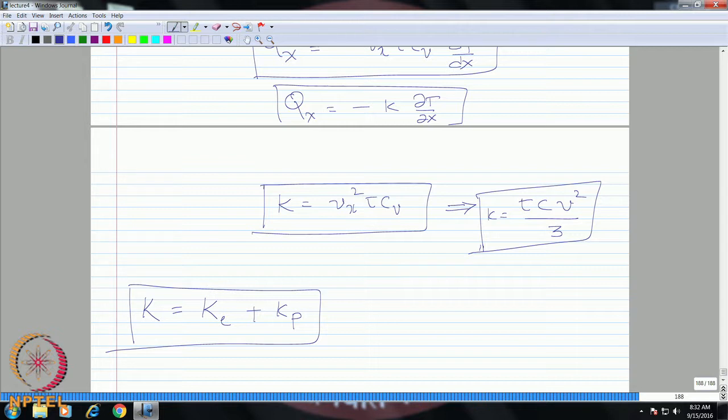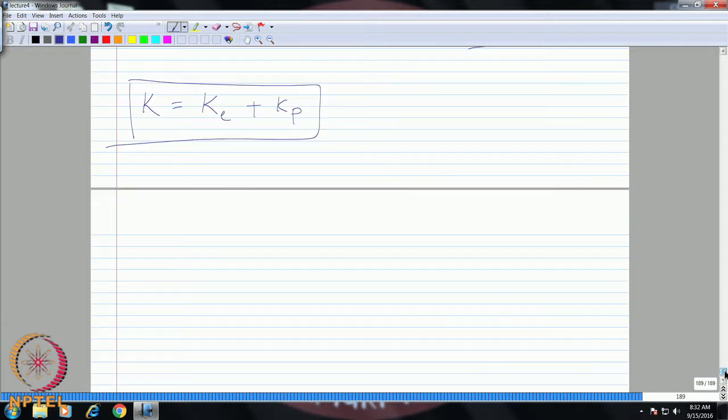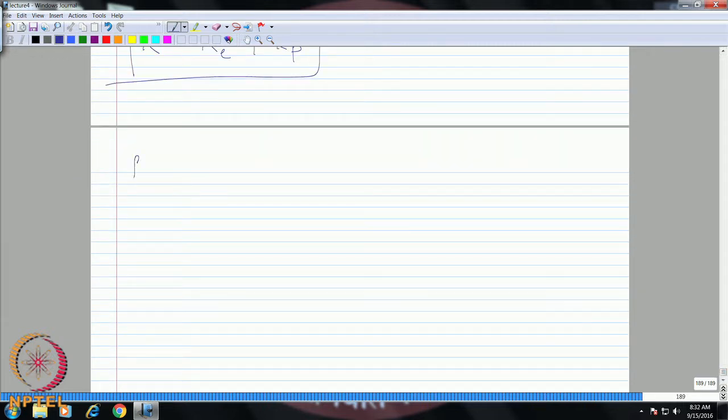Similarly, what we will do is we will look at flow transport. Try to derive the expression for viscosity.